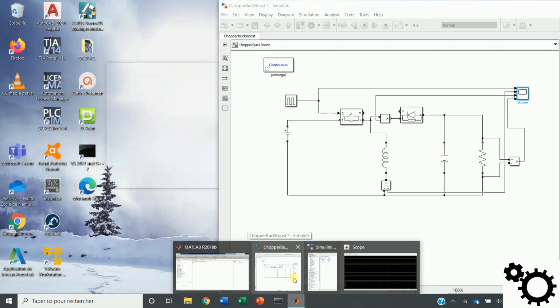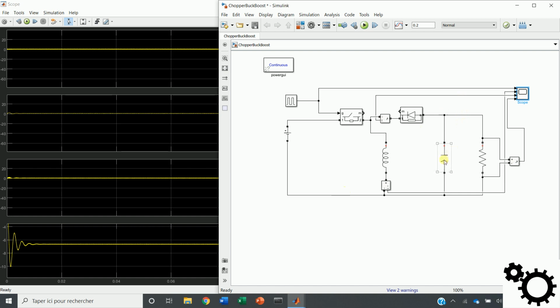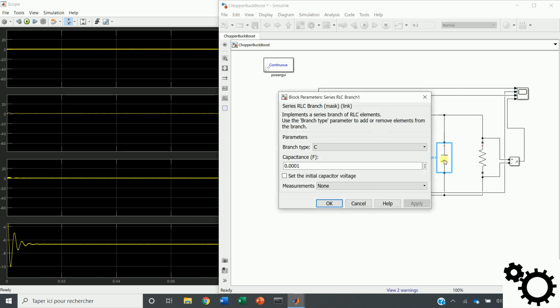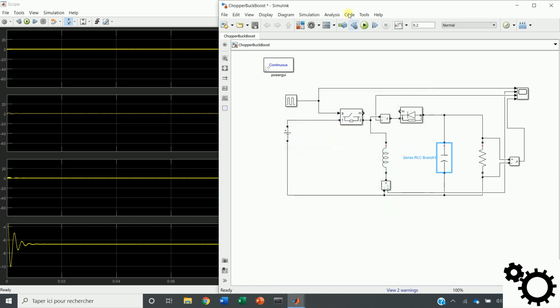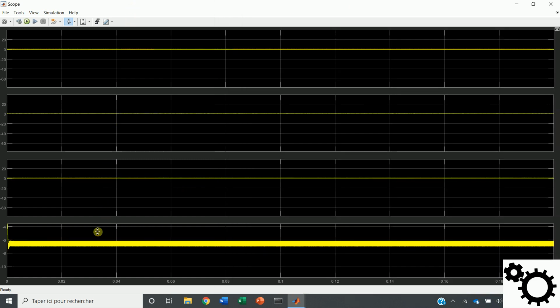If we reduce the value of the capacitor, we can see the output voltage contains more ripple. As you can see on the graph, the voltage is less smooth.